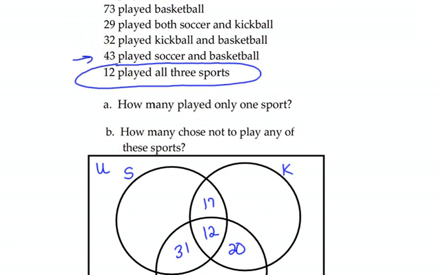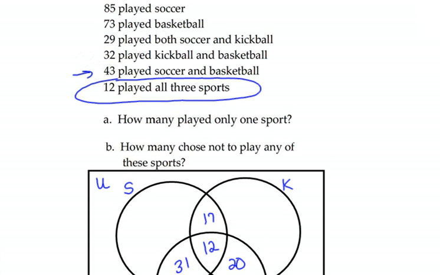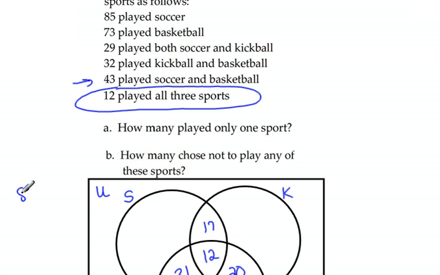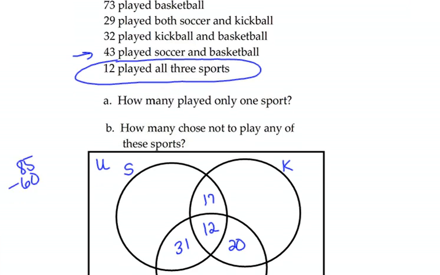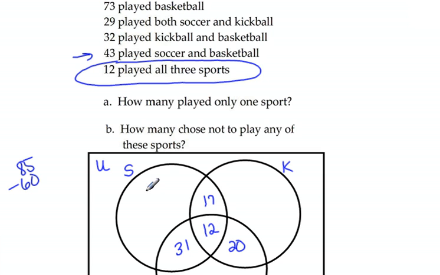But I know that those who played soccer, there was a total of 85. So 85 minus the 60 that were in these other 3 regions is going to give me 25 left to fill in the total of soccer players.